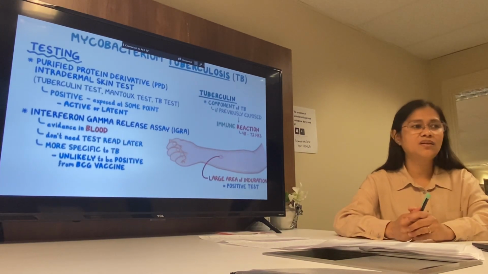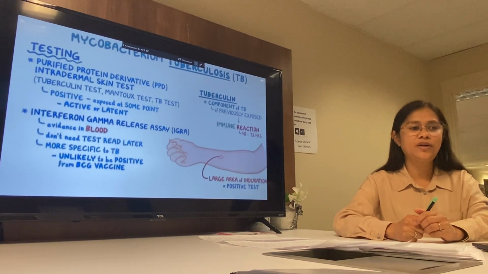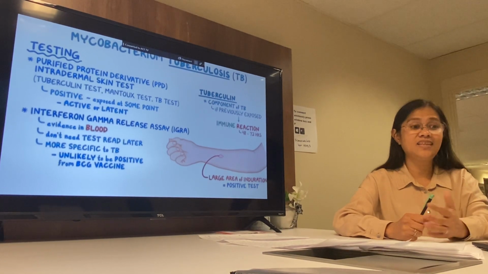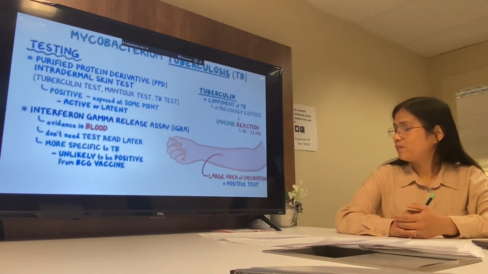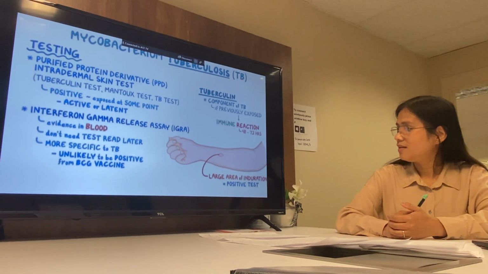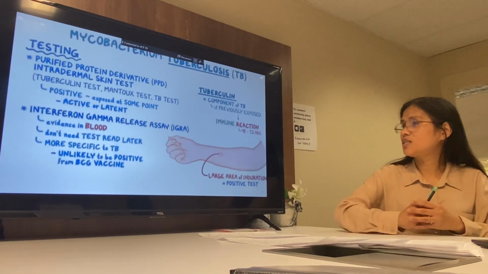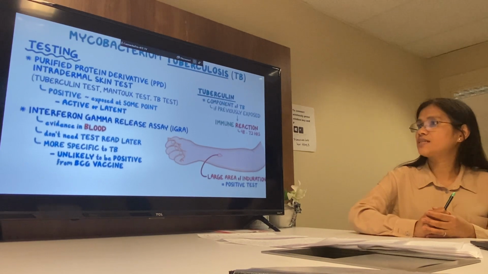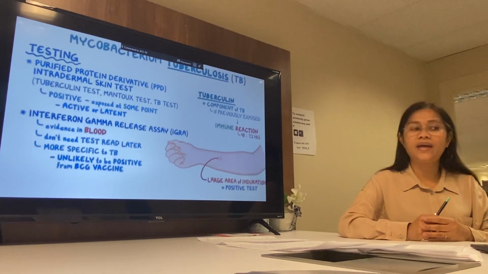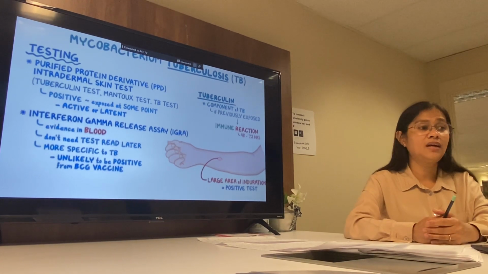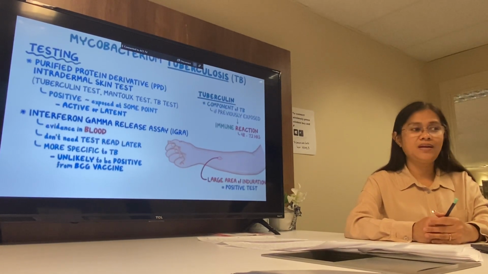Testing for TB includes the PPD or skin test, where a large induration means that a person is positive for tuberculosis. Another test is the IGRA, or the interferon gamma release assay.